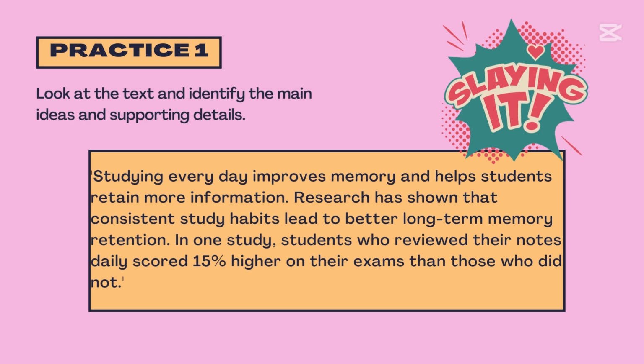Now it's time for you to practice. So pause this video and I'll give you 5 minutes to identify the main idea and supporting details, okay? So pause the video. Do not cheat.